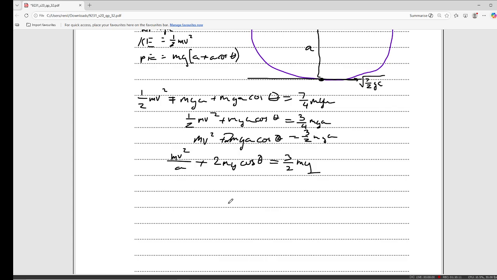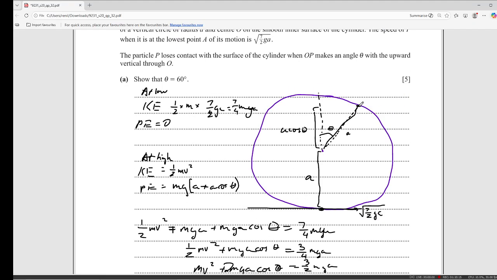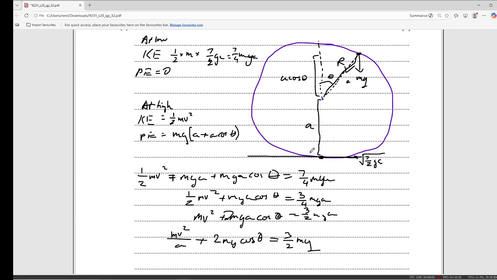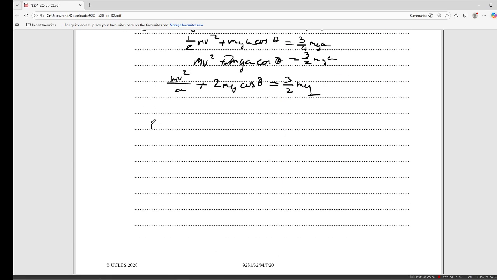Now I would never divide it by a, but with practice you'll understand that by resolving forces, there is a force mg, and also a normal reaction force R. Doing that gives me R plus mg cos theta equals mv square over a.